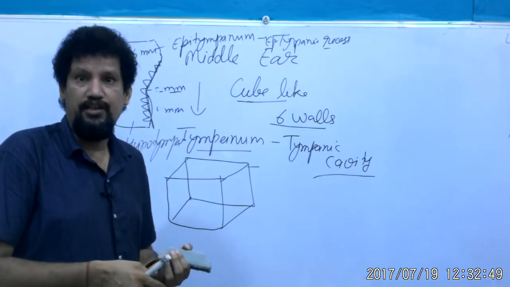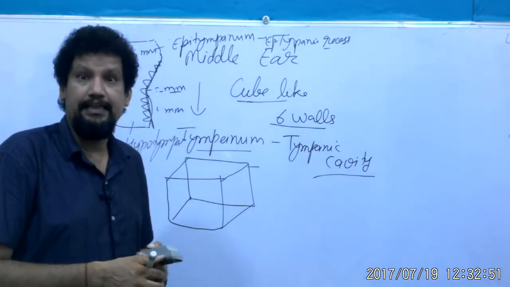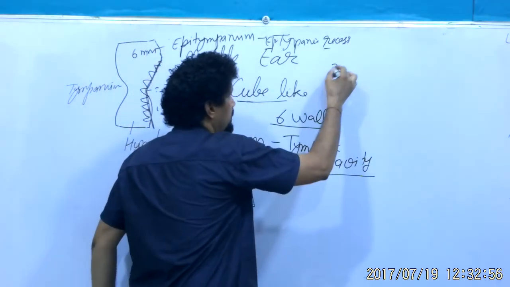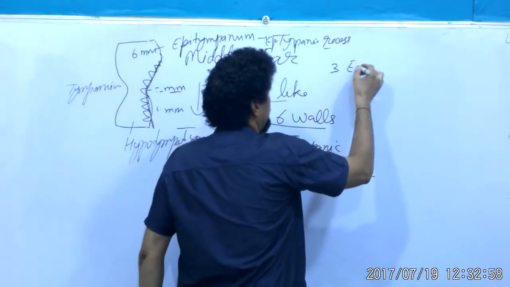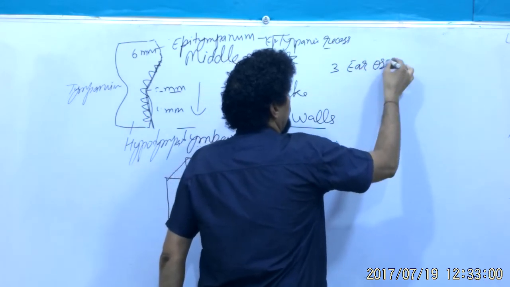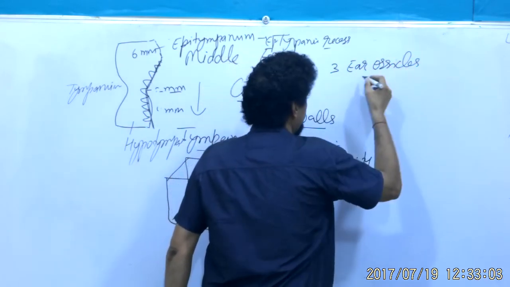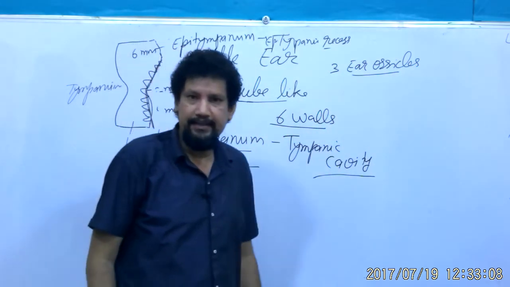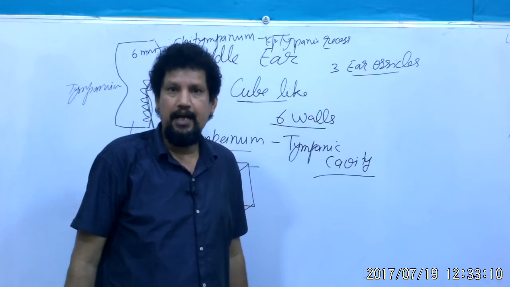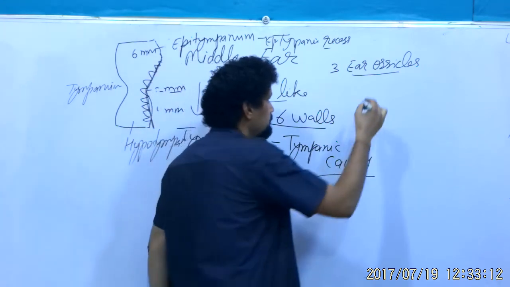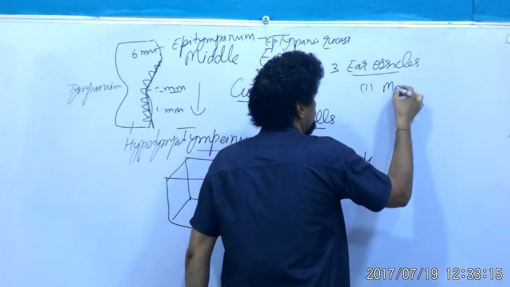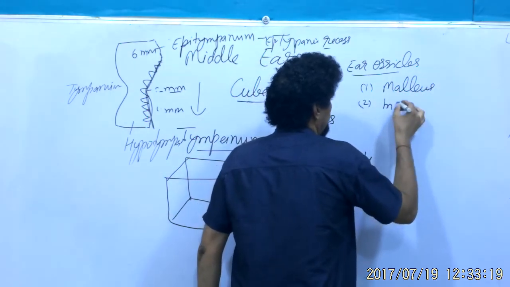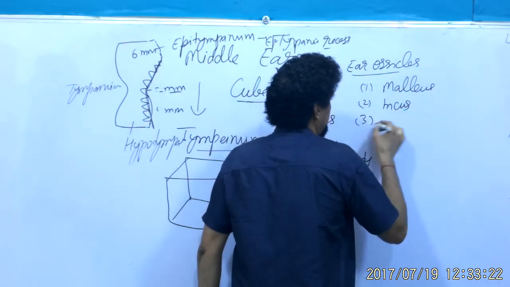It is having three small bones known as ear ossicles, named as malleus, incus and stapes.